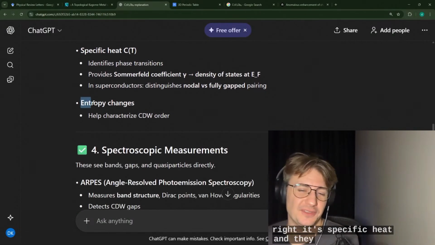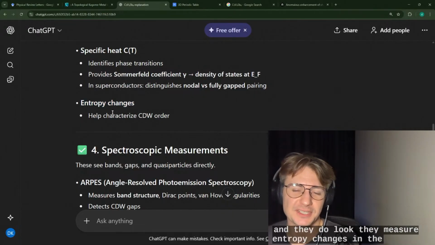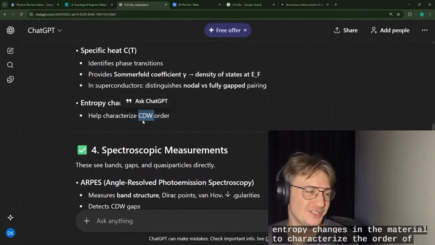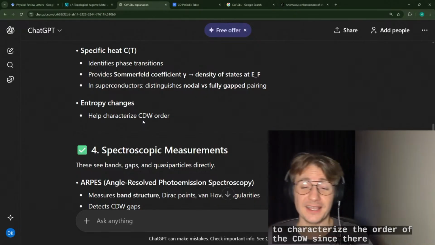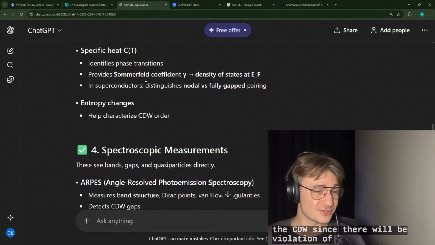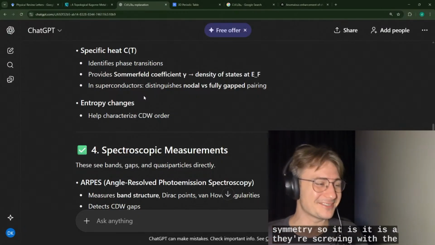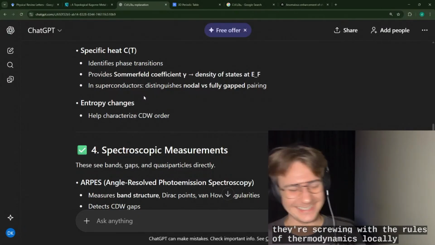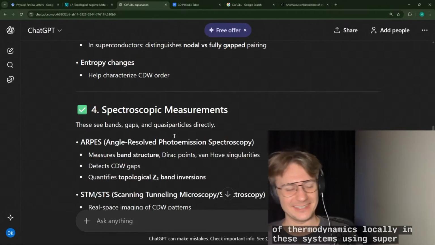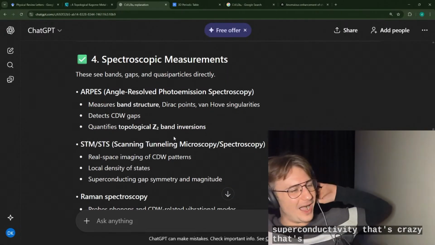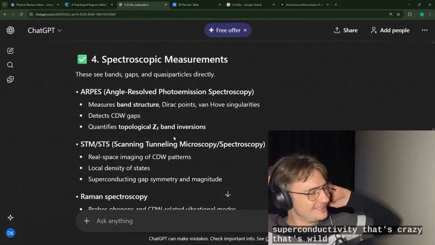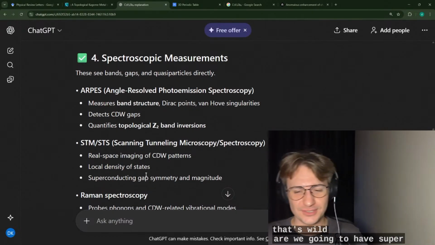And they do. Look, they measure entropy changes in the material to characterize the order of the CDW, since there will be violation of time reversal symmetry. So they're screwing with the rules of thermodynamics locally in these systems using superconductivity. That's crazy. That's wild. Are we going to have superconductors just standard issue soon?